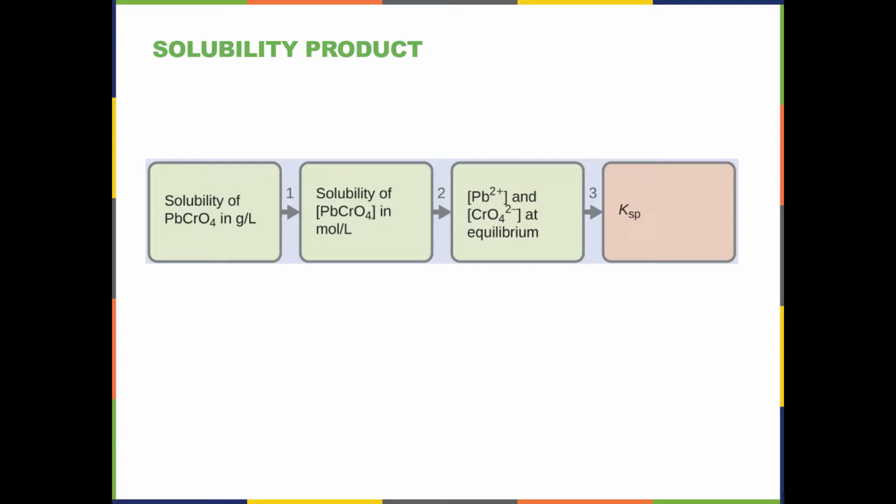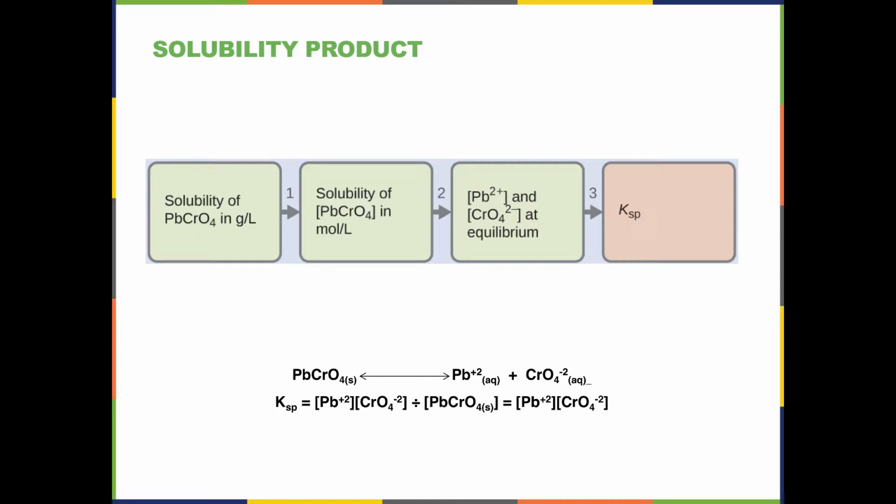Well, first of all, you look at the solubility in grams per liter, and this has to be changed into a molar solubility, so in moles per liter. This then breaks into the 2 ions at equilibrium, and then you calculate the KSP from that. First of all, you have the equation that looks like this.